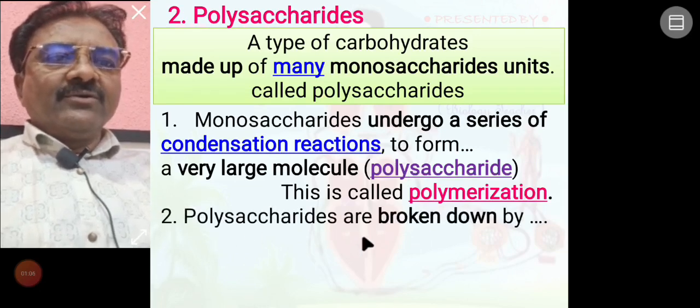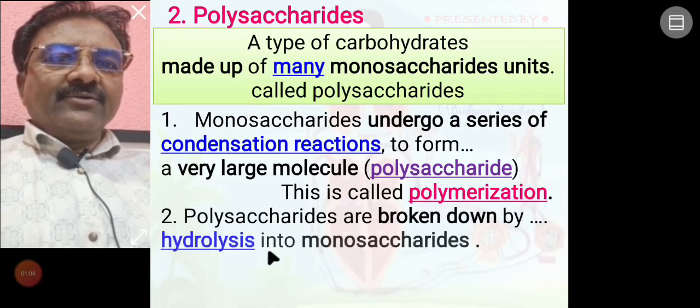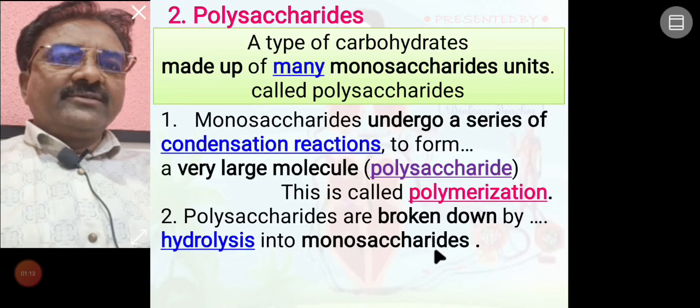Polysaccharides are broken down by hydrolysis into monosaccharides.